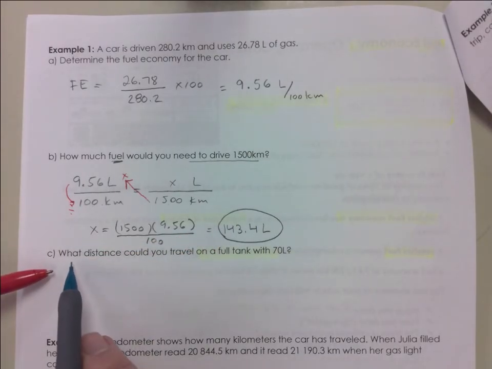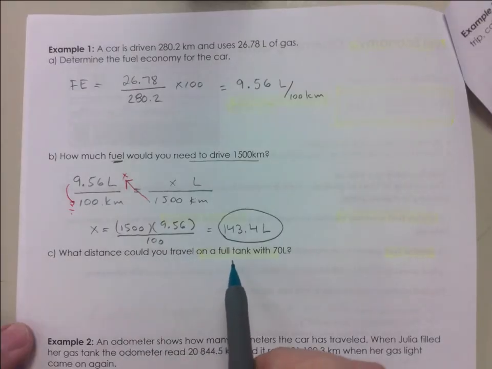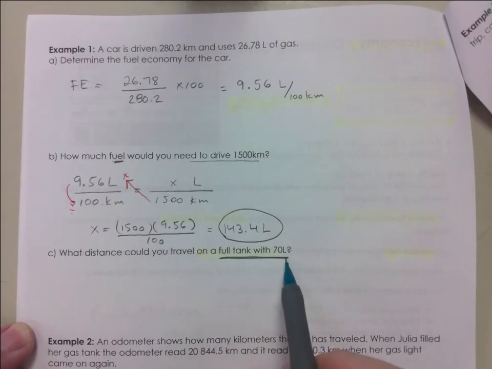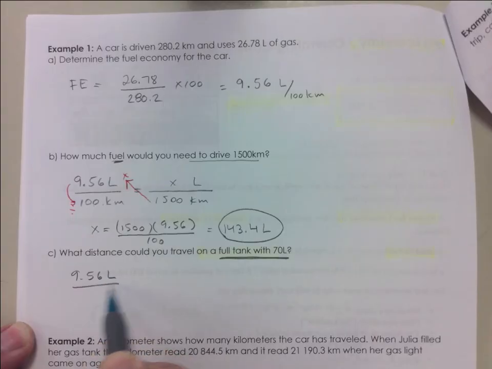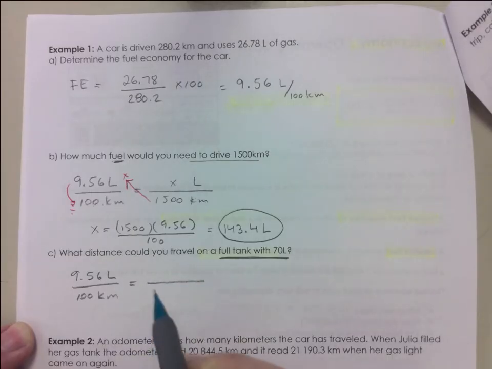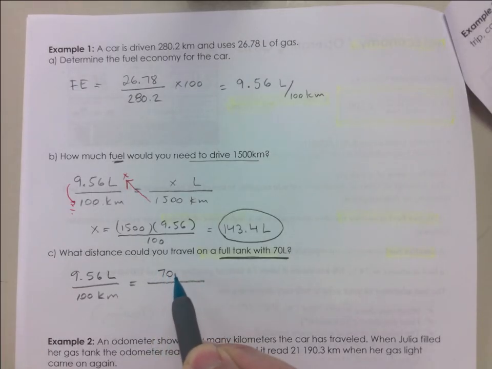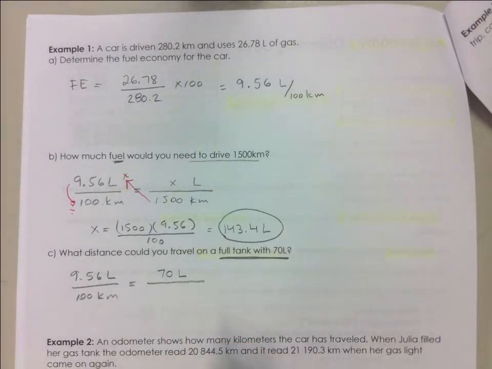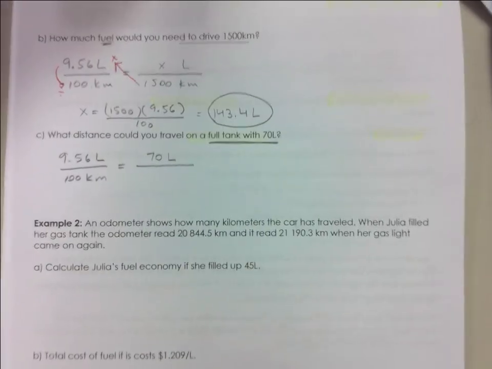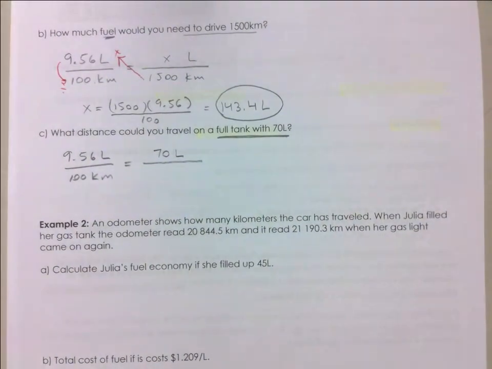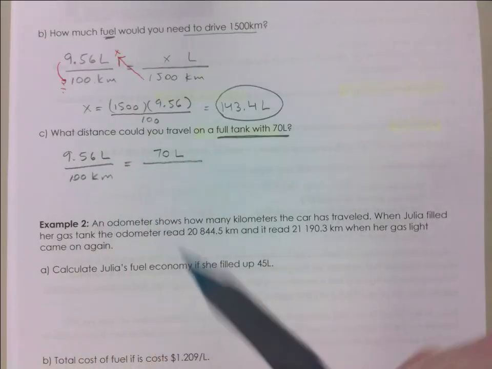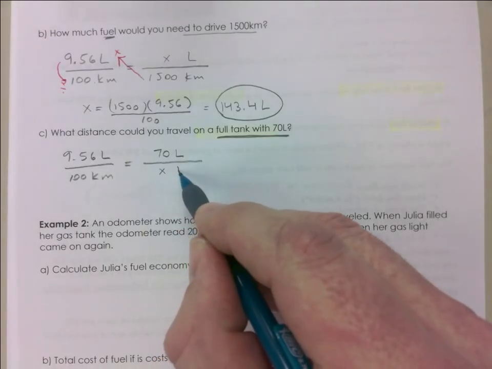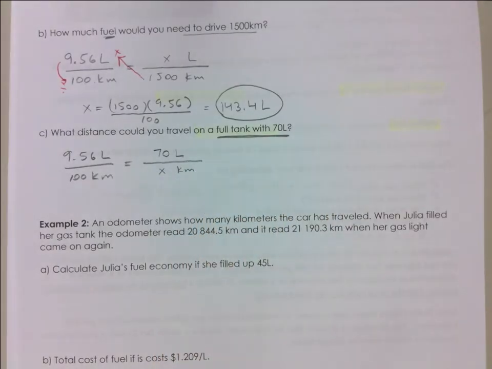At the same time, what distance could you travel on a full tank with 70 liters? Okay, so then you start with the fuel economy again. Once you have the fuel economy, use it, okay? In this case, we know that it's 70 liters for a full tank. Sorry, you can't see that, my bad. Let me move this up. Liters are lined up with liters, okay? You want to know how many kilometers you will be able to drive on a full tank.